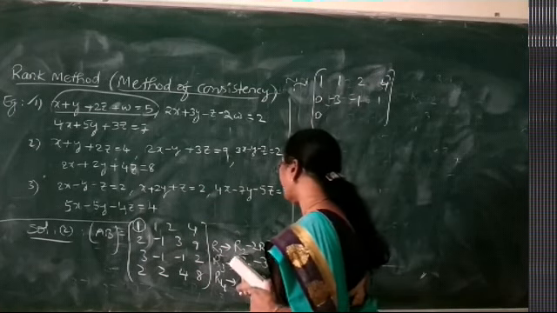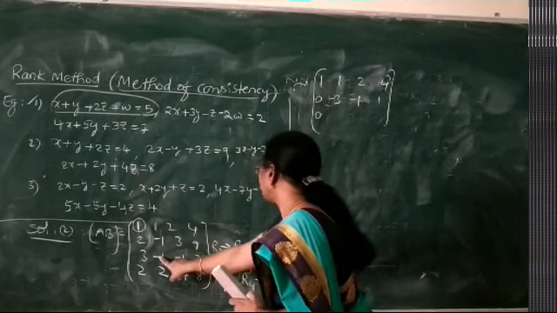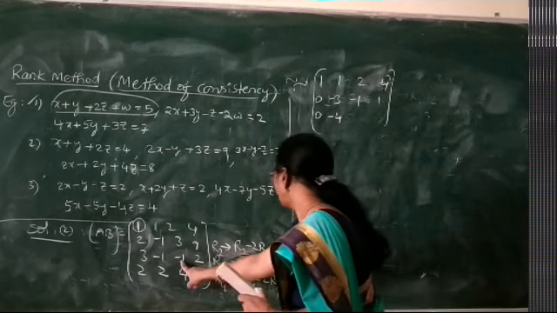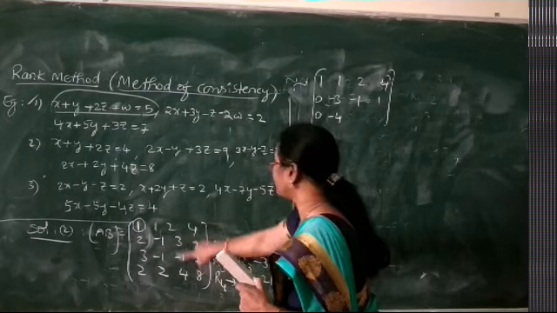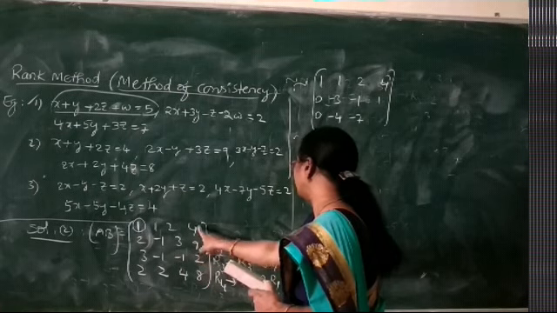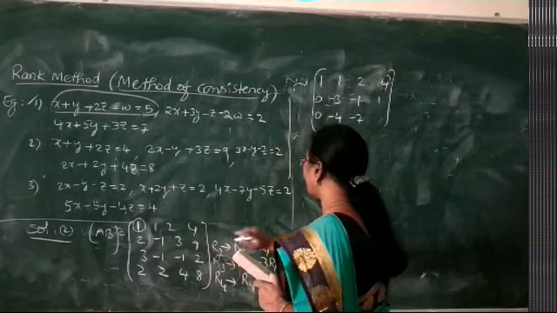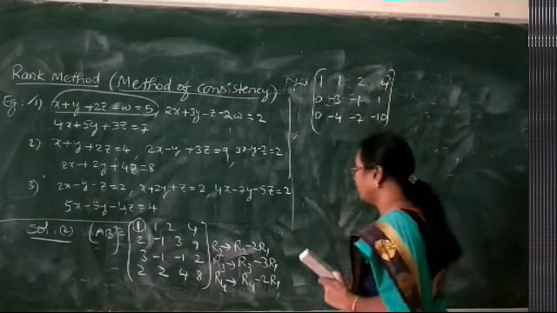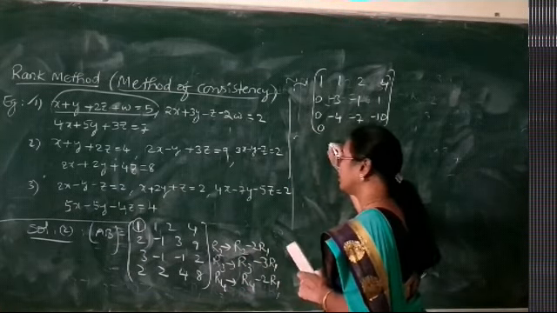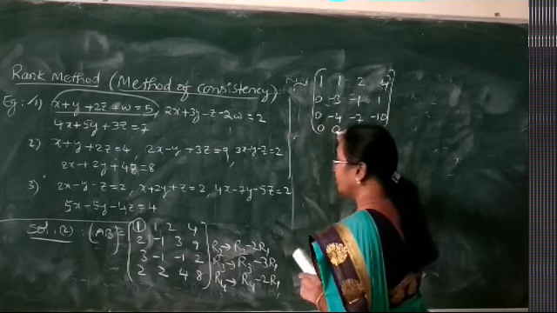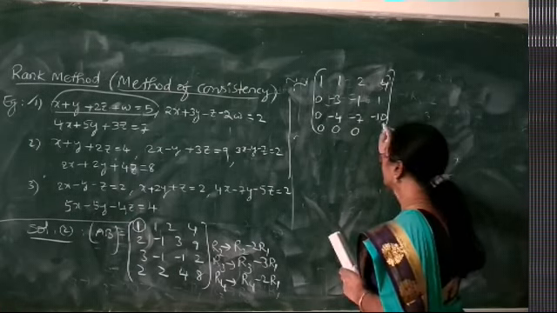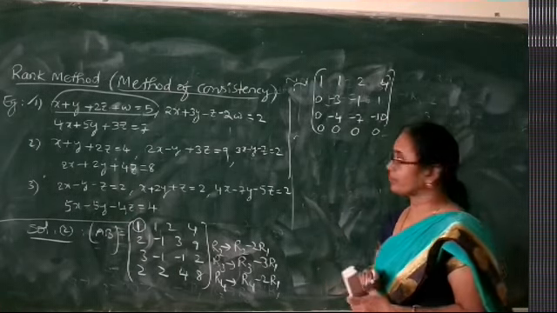Next we have R3 minus 3R1. 1 minus 3, minus 4, minus 1, minus 3 into 2, minus 1, minus 6. Next it is 2 minus 3 into 4, 2 minus 12, minus 10. From the last row we have 2 minus 2 into 1, 2 minus 2 into 1, 4 minus 2 into 2, 8 minus 2 into 4. We have last row 0.